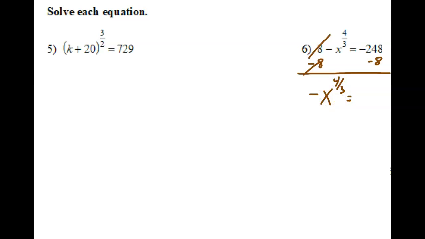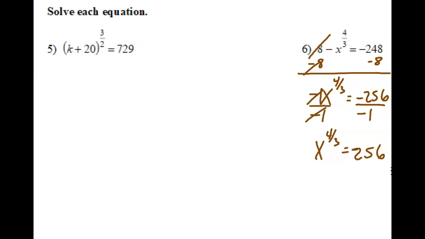What does that give me? -256. And then there's also a -1 sneaking in front of that x, so we can get rid of that because that's not being affected by the power either. It's just multiplying the x. So now I'm left with positive 256.